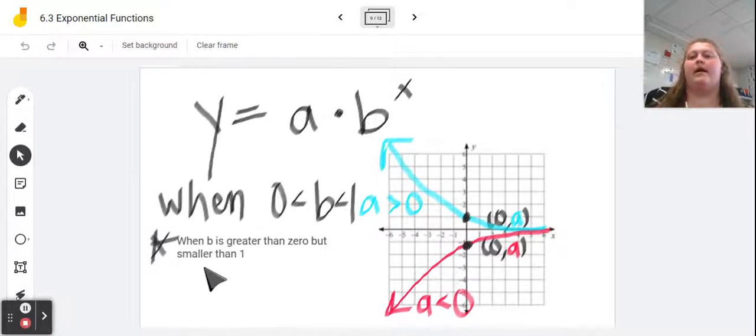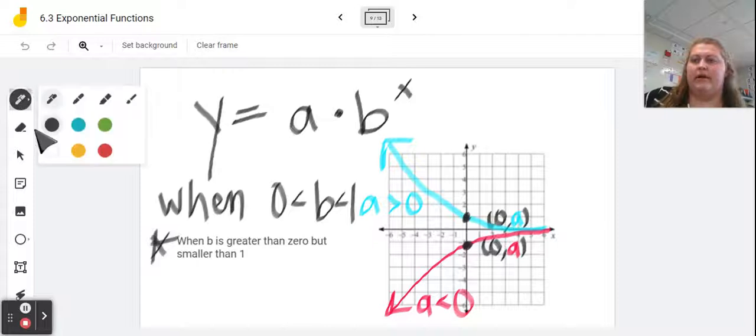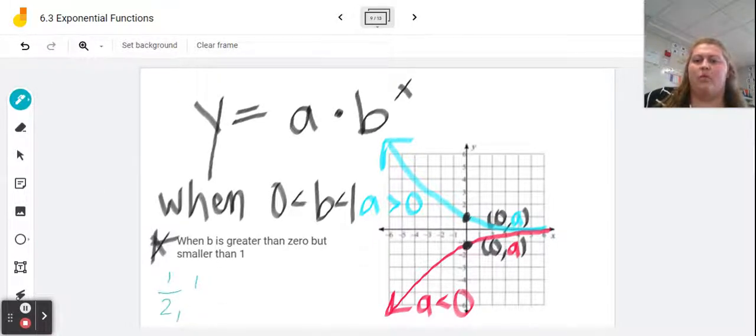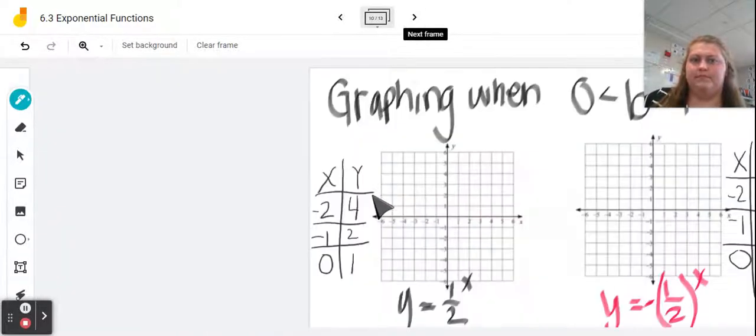Now we're doing exponential functions when b is greater than 0 but smaller than 1, so it's in between 0 and 1. Common examples: 1/2, 1/3, 1/4, 1/5. So b, this value here, is one of these values.